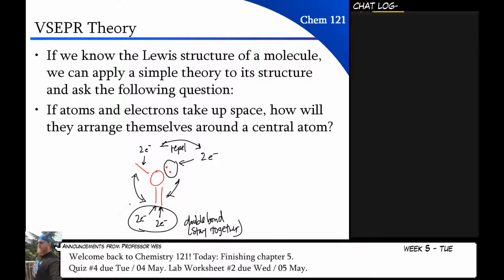So what we're going to do is call each of these entities that I'm going to highlight in yellow, oops, that's the wrong tool, I want the pen here, each of these things is called an electron group.